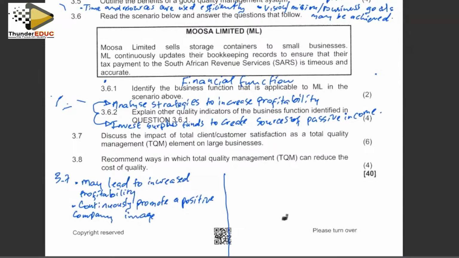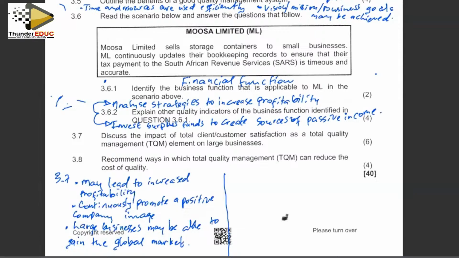And also large businesses may be able to gain the global market.